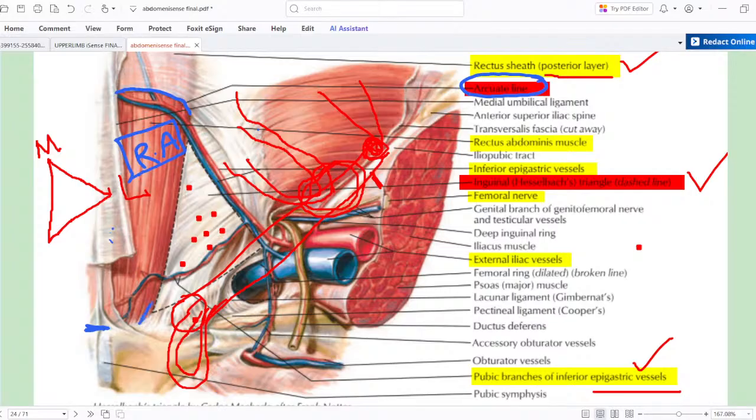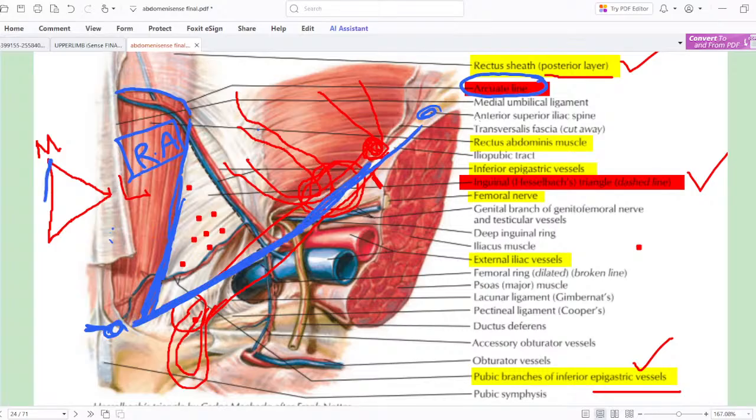This is the lateral border of the rectus abdominis. This is the inguinal ligament. This is the anterior superior iliac spine, and the pubic tubercle. This is the inguinal ligament. So we got two borders.